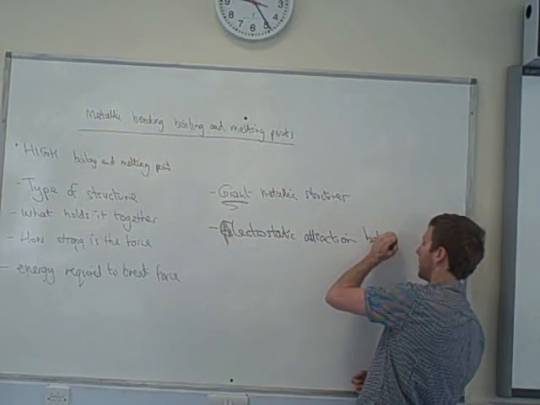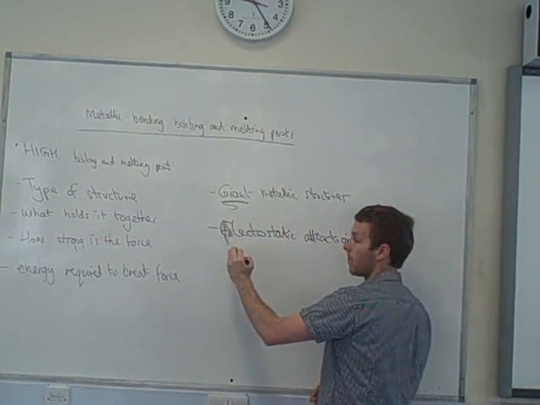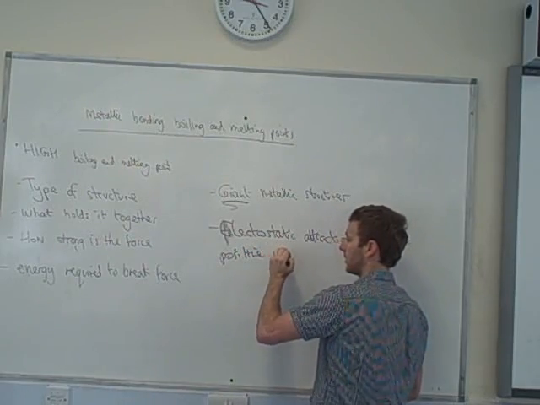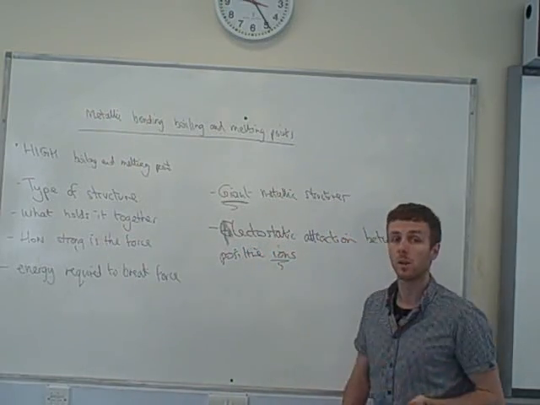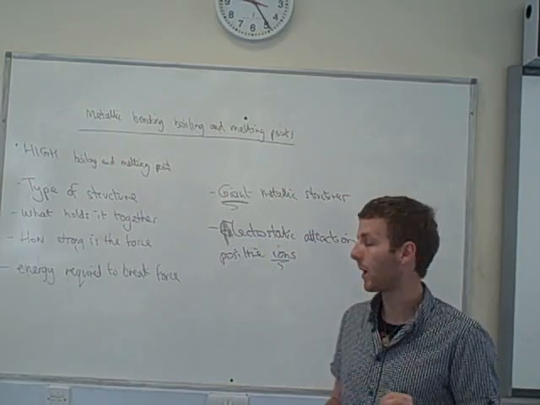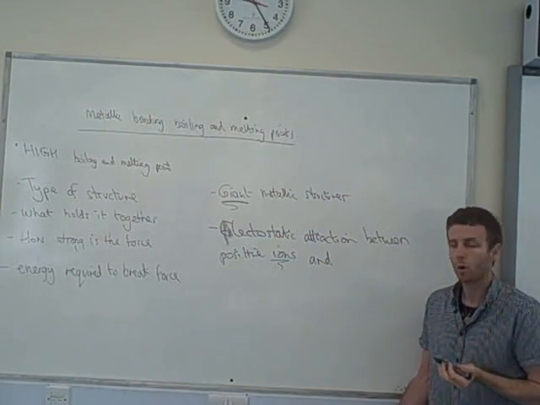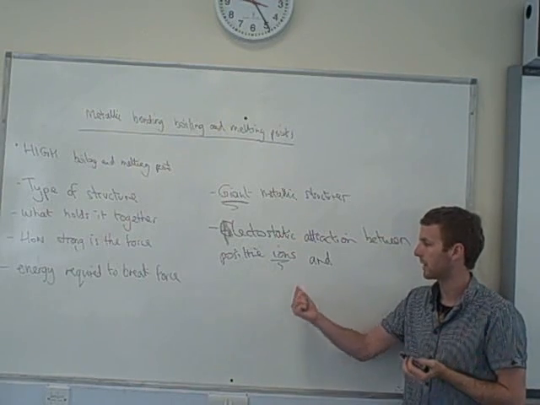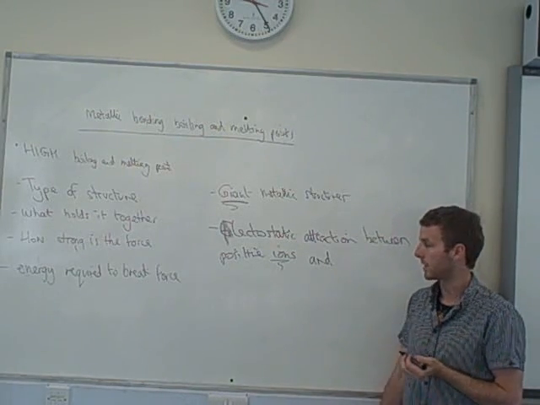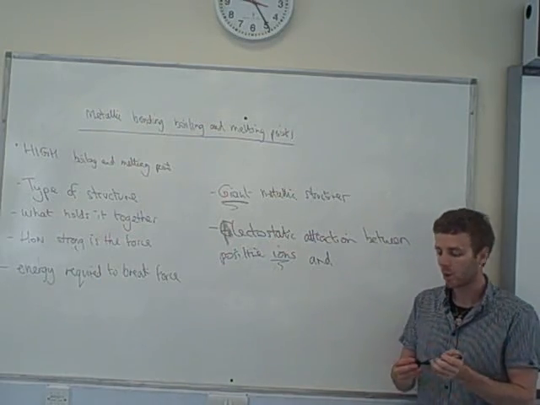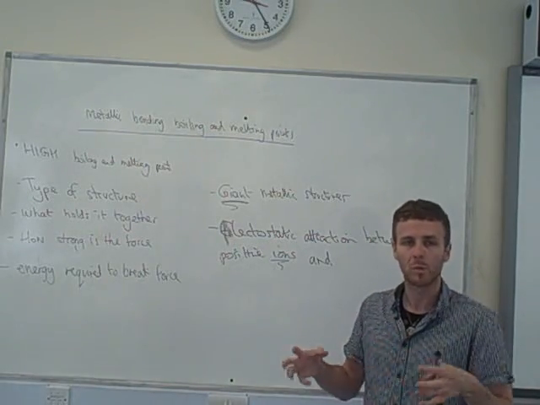Just something to remember. That's what we call it when a positive and a negative attract. So we have an electrostatic attraction. And what's it between? Well, it's between my positive ions. I'm going to underline the word ions, because if you say atoms, no marks. And have a think now then, what should the second bit be? Positive ions and what? If you said negative electrons, you would not get the mark, because it's not all of the electrons which hold them together.